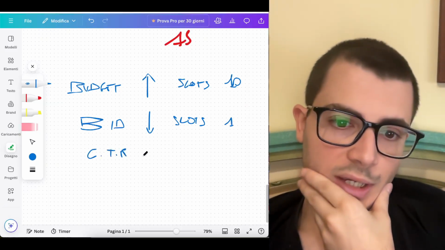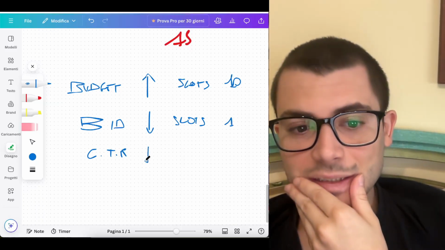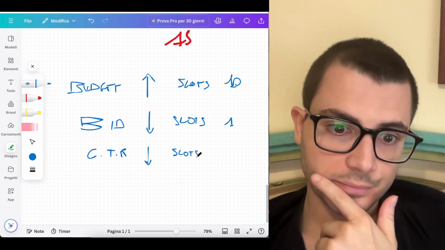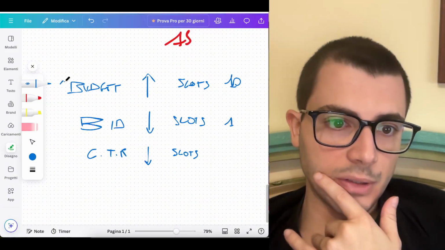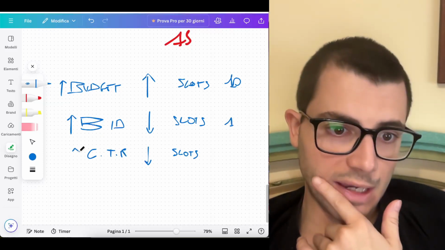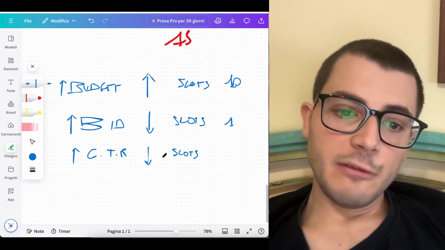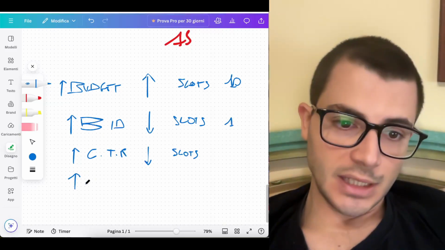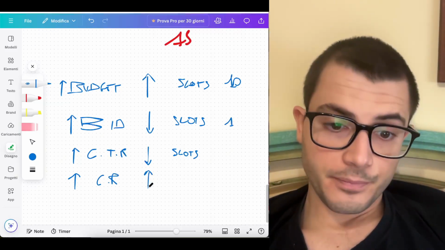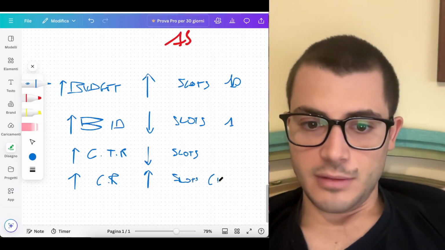Of course, the click-through rate: the higher the click-through rate, generally speaking, the fewer the slots in the ads. So the more the budget, the more the slots; the higher the bid, the lower the slots; the higher the click-through rate, the lower the slots. But if your conversion rate is high, you have more slots that are really free.